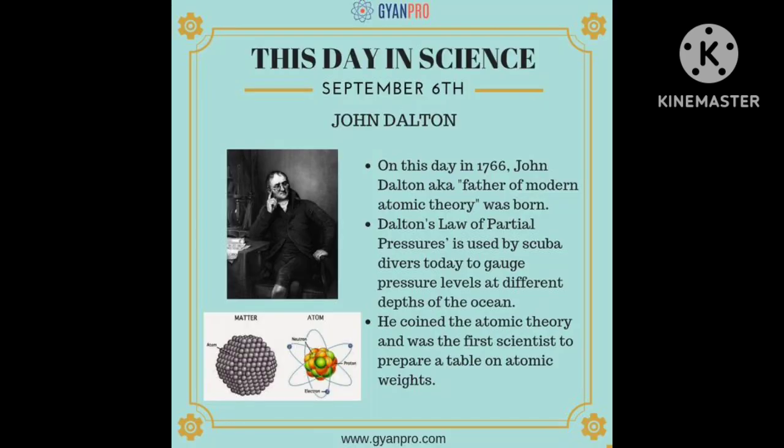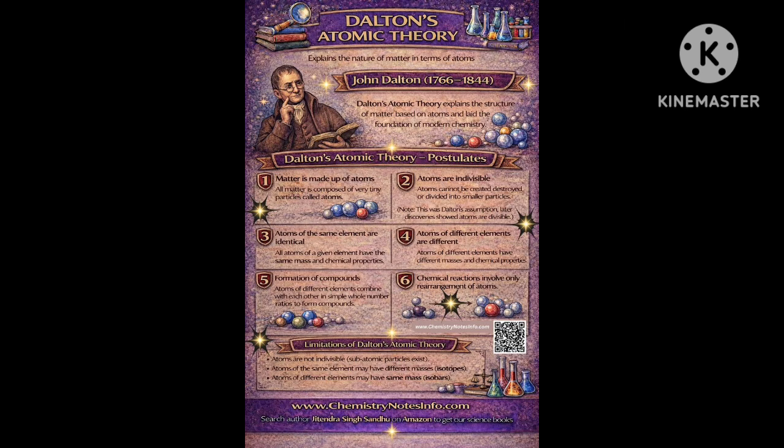Let us discuss the first atomic theory, which was proposed by John Dalton. Let us see the postulates of John Dalton's atomic theory. Matter consists of small indivisible particles called atoms.